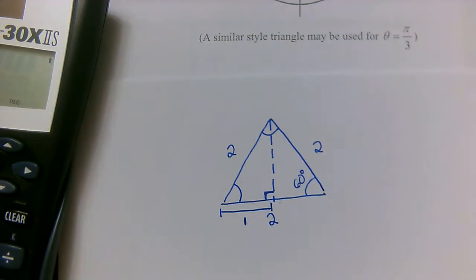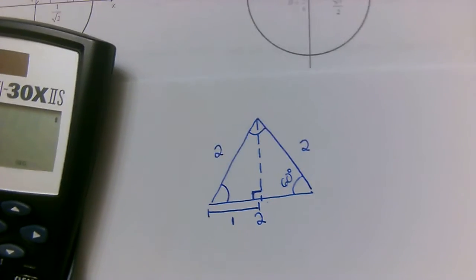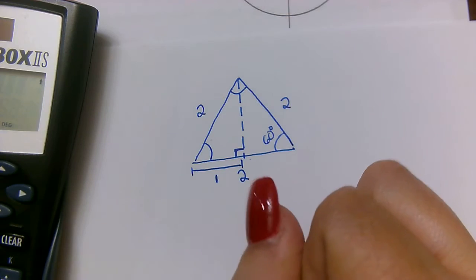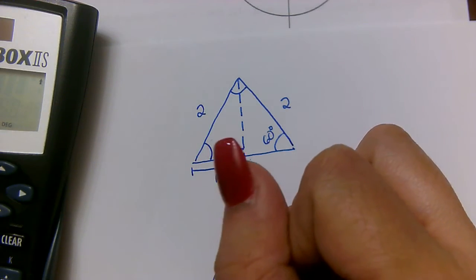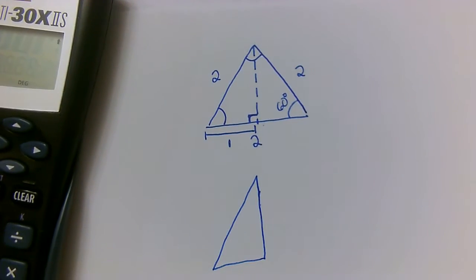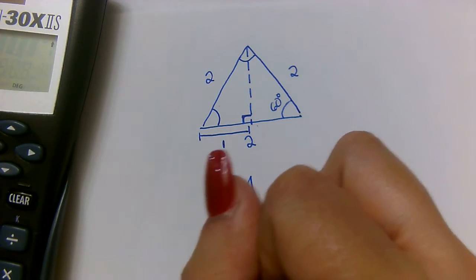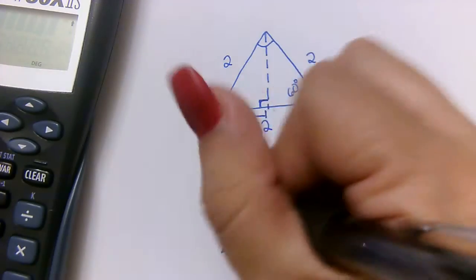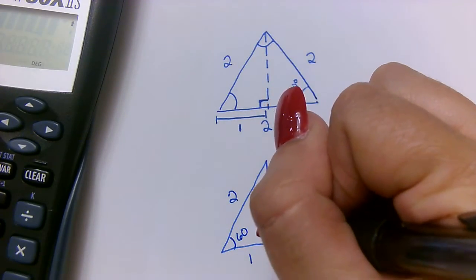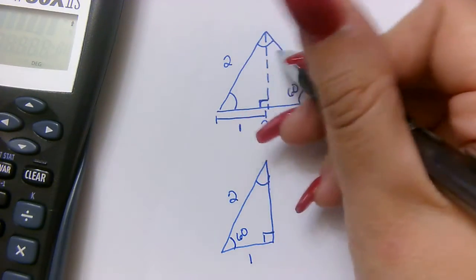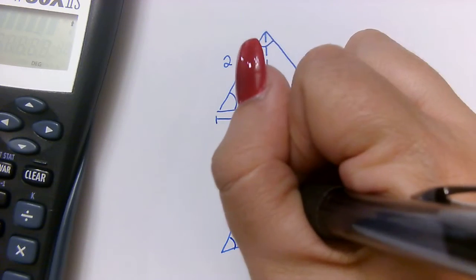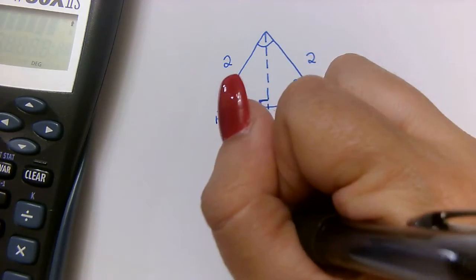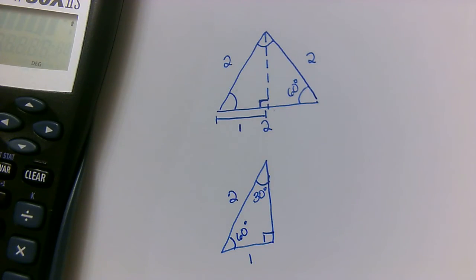Now I'm going to take this triangle and isolate it, and draw it out again. This is still 60 degrees. This will now be 1. This is still going to be 2, and this is 90 degrees, which means the 60-degree angle was also cut in half, making it 30 degrees. So now we have that.